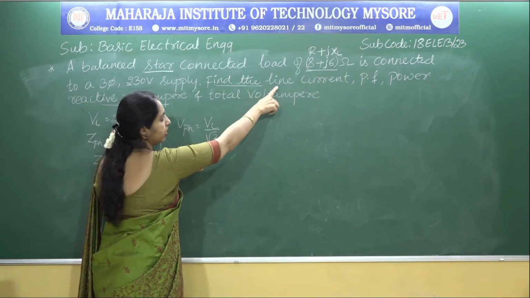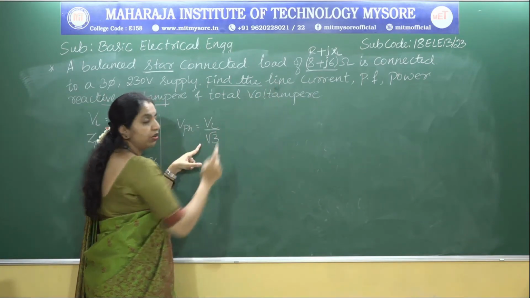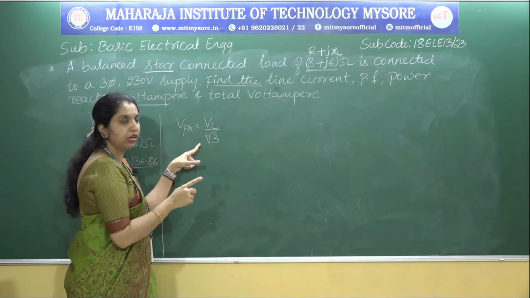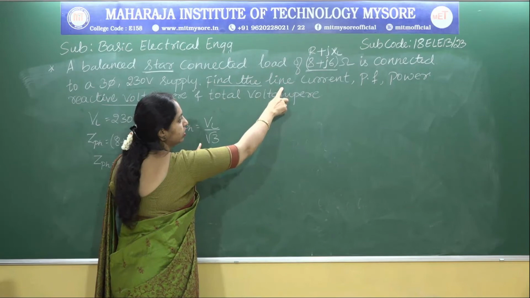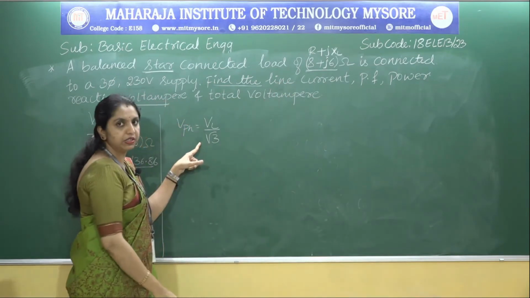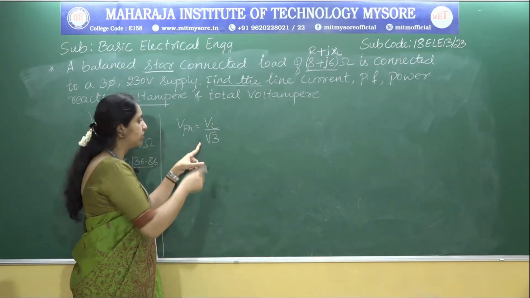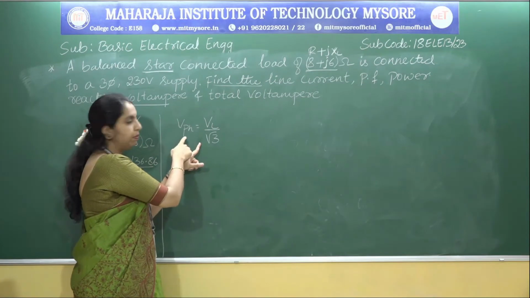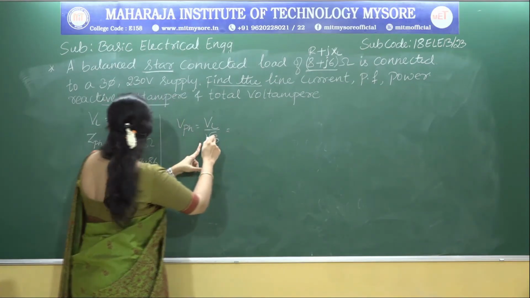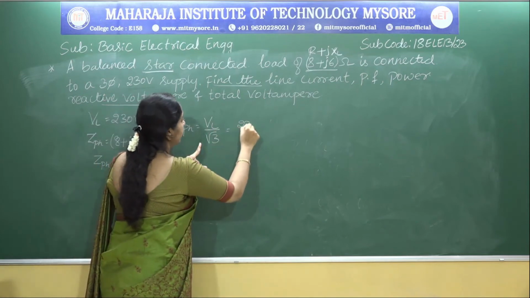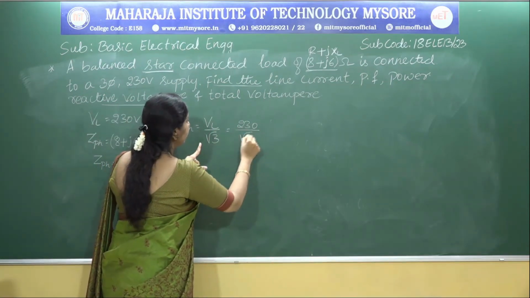Because before we find the line current, we need to find IPH, that is the phase current. To find the phase current, we need the value of VPH. So VPH is equal to VL by root 3. VL is equal to 230 volts divided by root 3.